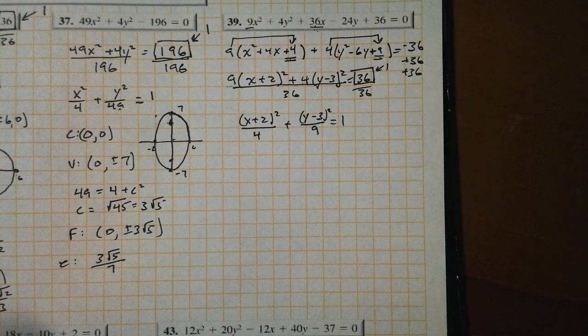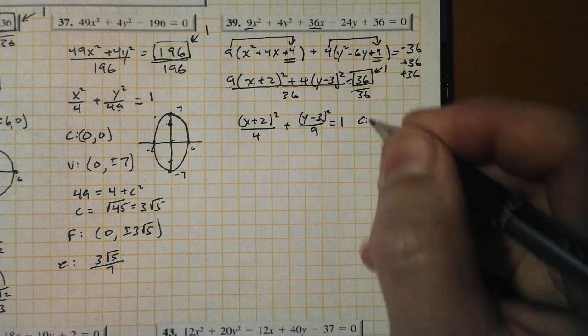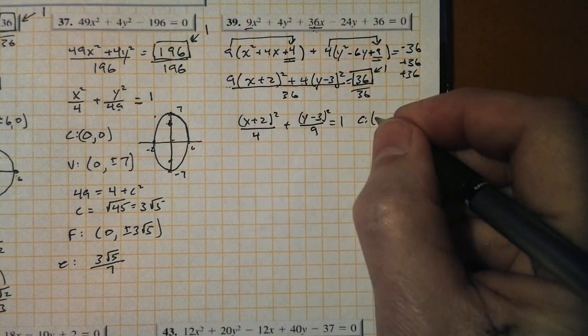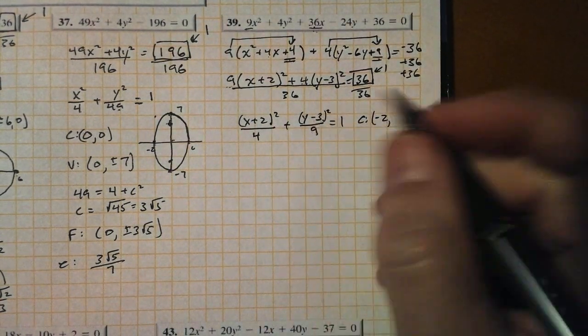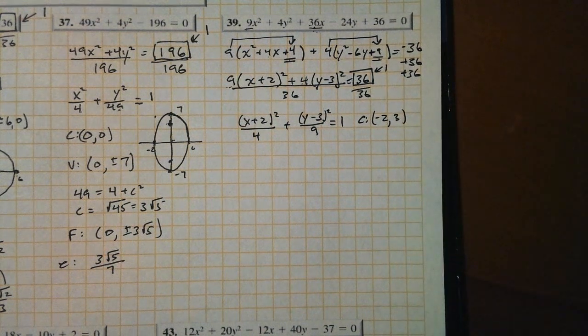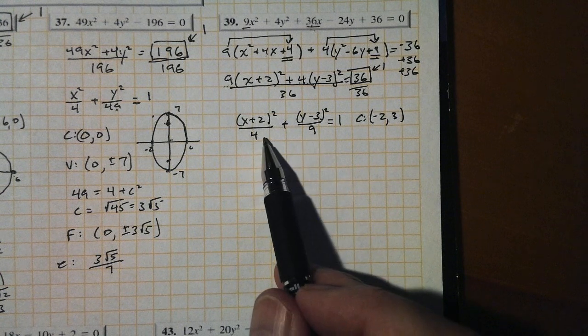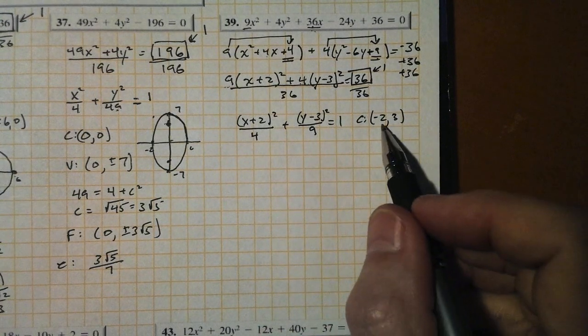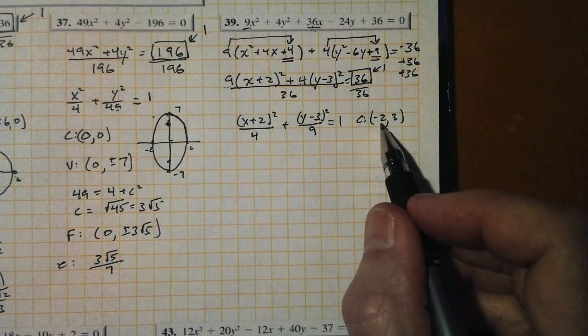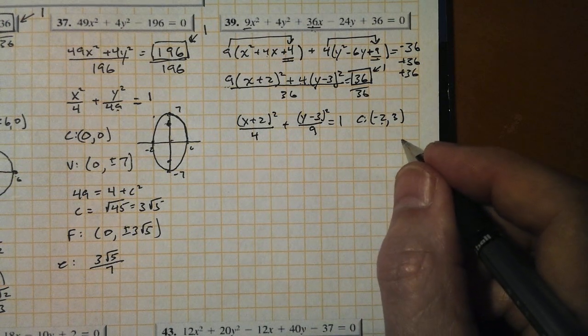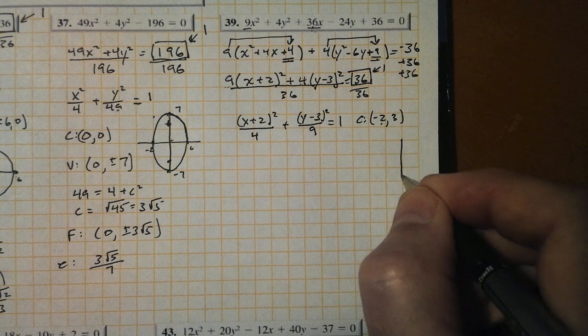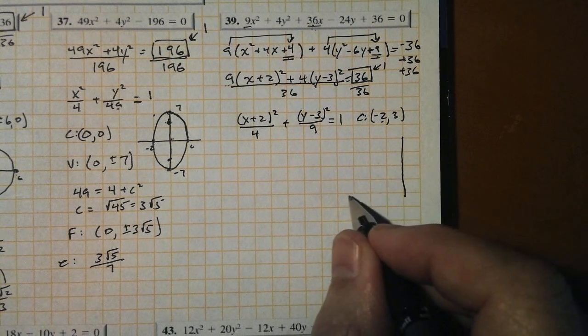Oh, now it looks like that's kind of what we're looking for. So our center, MIVOX, most interesting value of x, is negative 2, most interesting value of y, MIVOY, is 3. And from there I'm going to go up and down 3, right and left 2. So I mostly need to be left and up. Okay. So I'm going to build a graph over here.